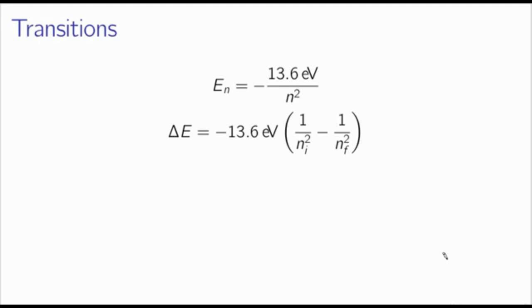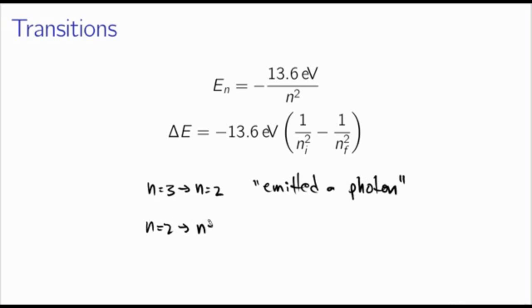The changes in energy that take place are energy carried off by the photon. So we would say, for instance, that if we had n equals 3 goes to n equals 2, there's a change in energy here, and we would say the atom has emitted a photon. Correspondingly, if you have an atom in state n equals 2 and it's excited up to state n equals 3 by an electromagnetic field surrounding the atom, we would say this atom has absorbed a photon.